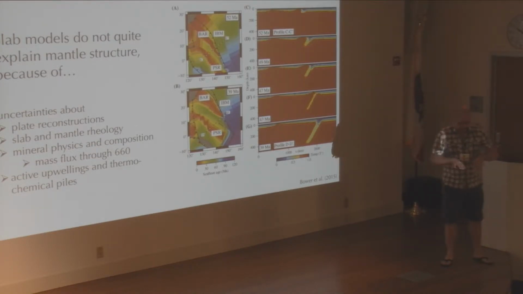Because we know that slab morphology in the upper mantle is quite complex, and it doesn't come out that way in our forward prescribed geodynamic models. And so it's important, but that part we could assimilate, we could fudge, right, by prescribing the trajectories based on the Wadati-Benioff zones, for example.